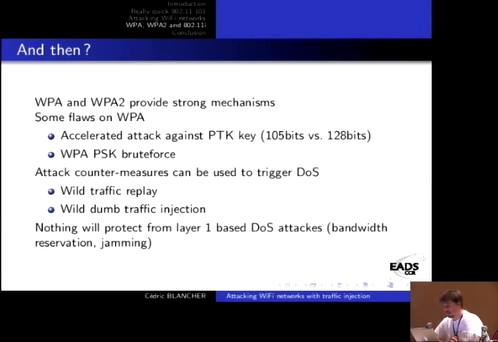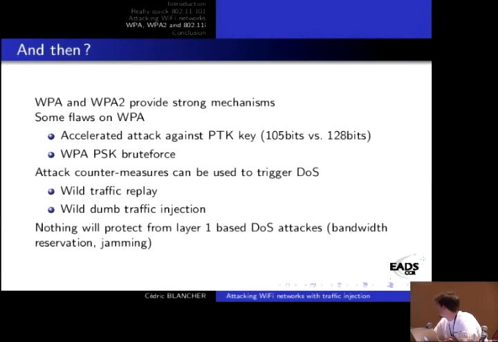On WPA, a mathematician has published an attack that will allow accelerating a brute force attack against a session key. The session key is called PTK, it's a temporal key. So the strength of the attack is no more 128 bits, it's 105. So it's reduced, but it's still out of reach for now.